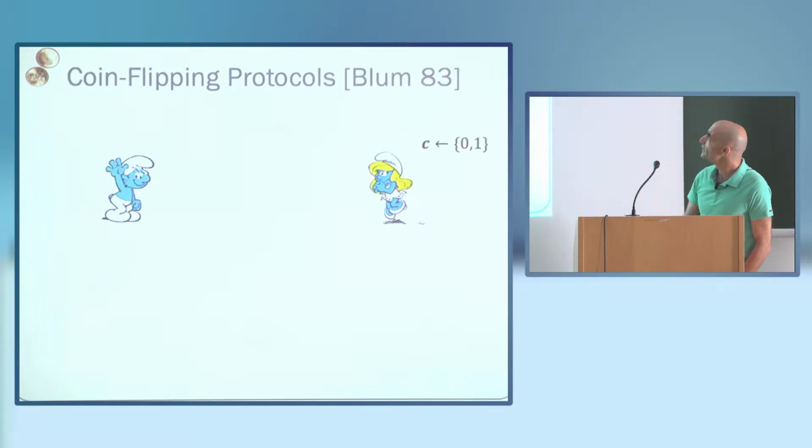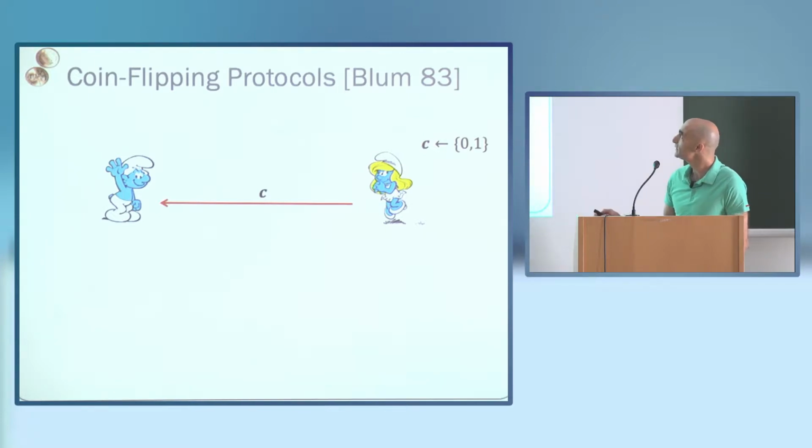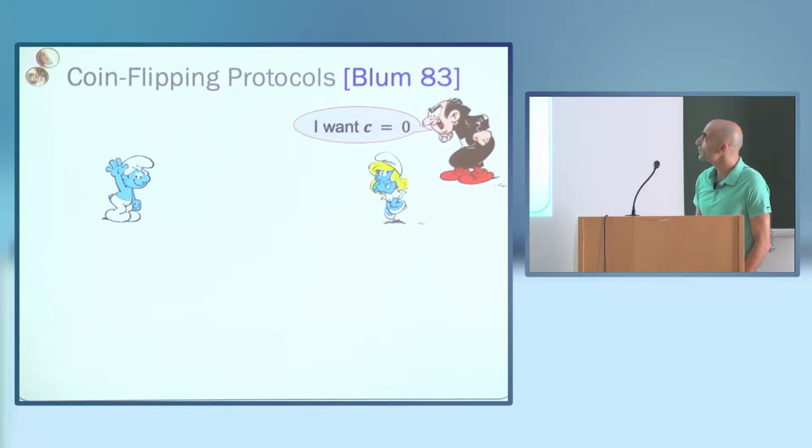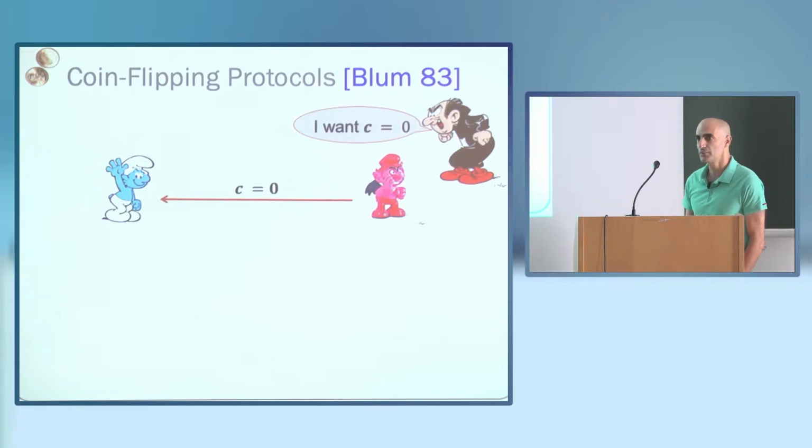Alice can simply toss a coin in her own private home and send it in the clear to Bob. And then both parties output this bit C. But obviously, Alice can be corrupt and desire the output to be 0, in which case she can always send the bit 0, and she can fully control the output of the protocol.